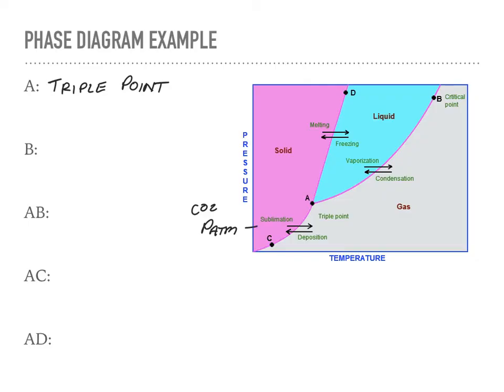Point B on this diagram corresponds to something called the critical point that we had on the previous panel. And the critical point is the pressure and temperature above which the gaseous and liquid phases are indistinguishable. So we should actually not have this line continuing here. Let's scribble that out.